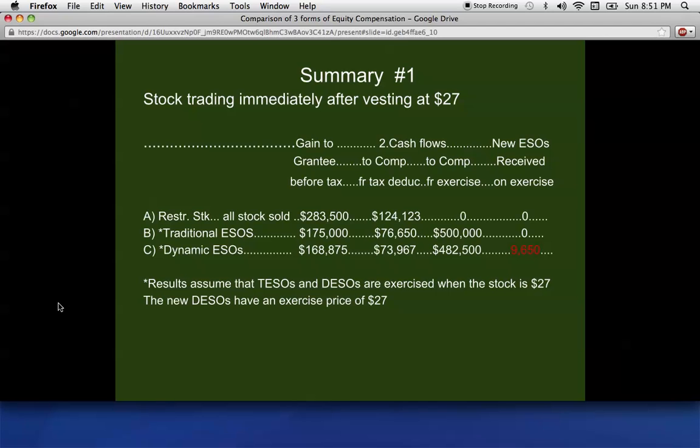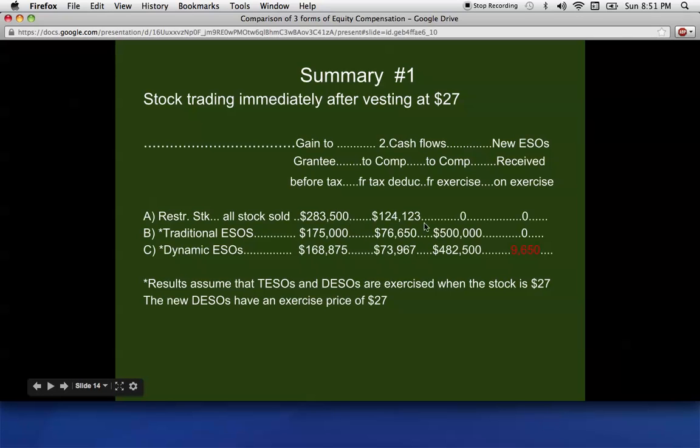And of course we can see the cash flows in this column that come as a result of the tax deduction, and in this column we see the cash flows to the company from the exercises and the issuance of the new shares. All right, so we see the gains and the cash flows.